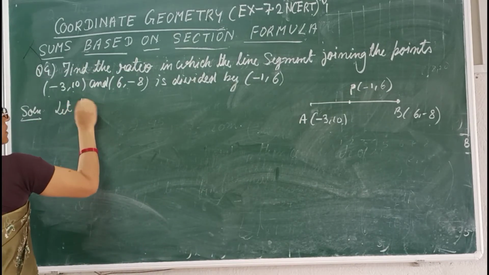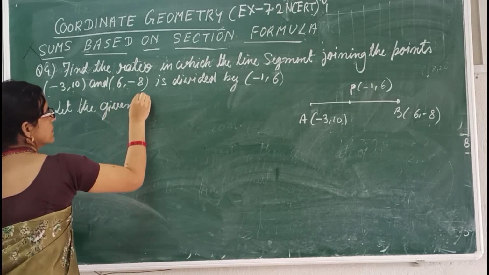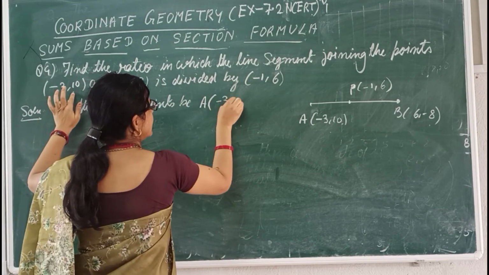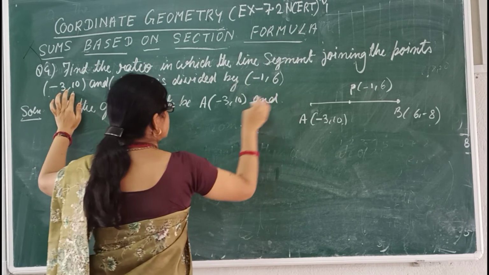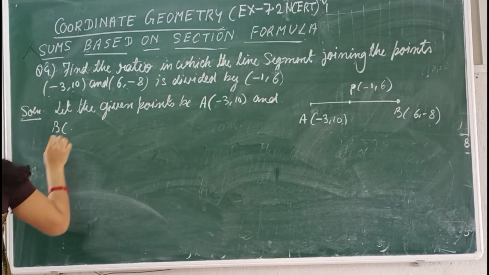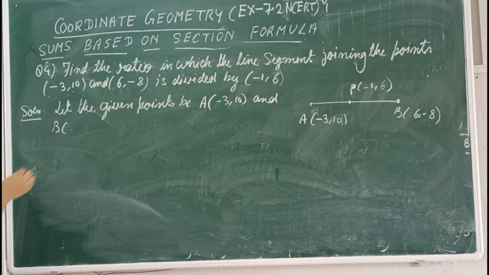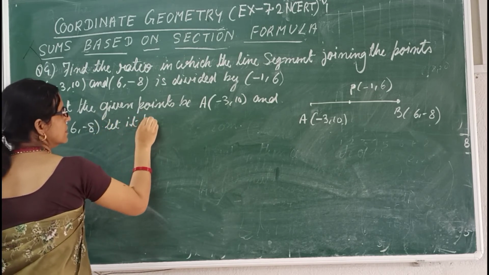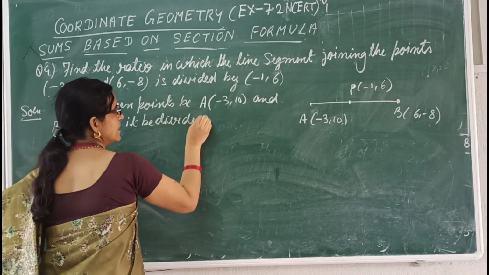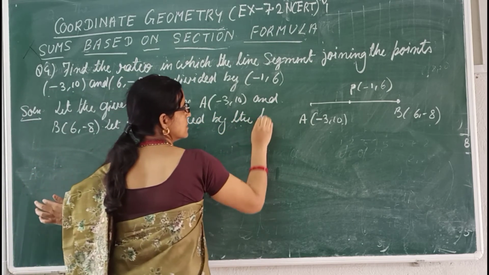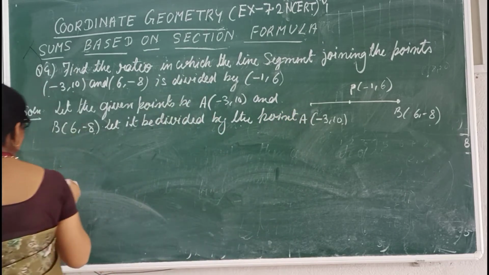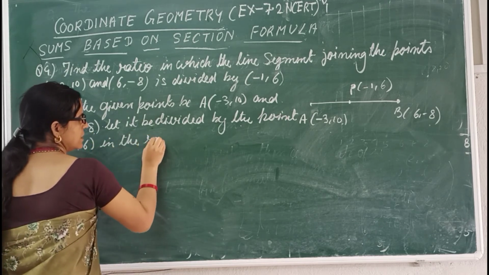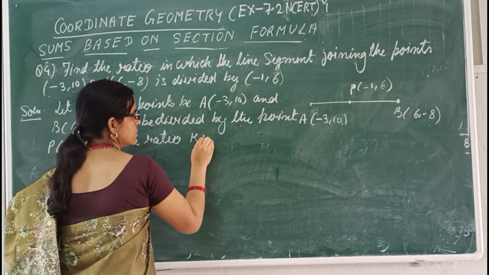Let the given points be A (-3, 10) and B (6, -8), and let it be divided by the point P (-1, 6) in the ratio k is to 1.